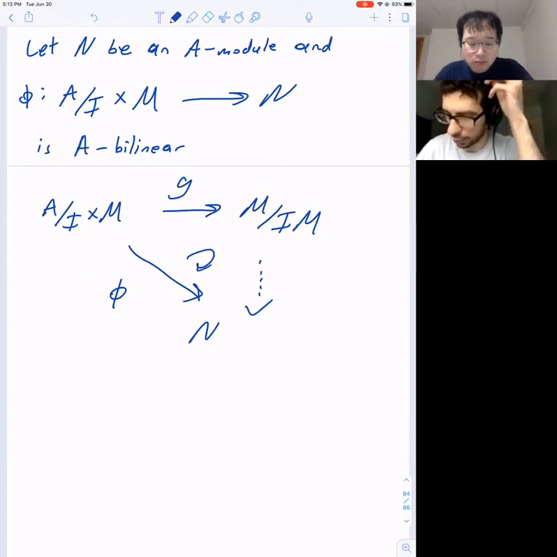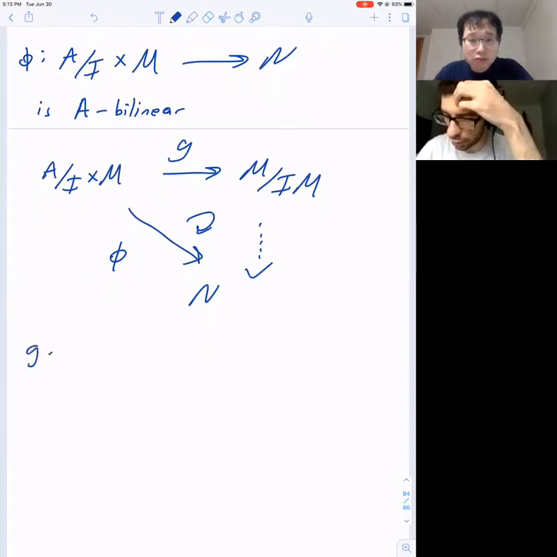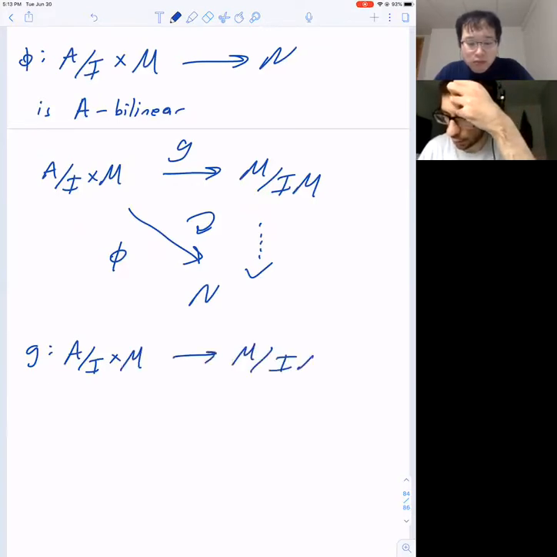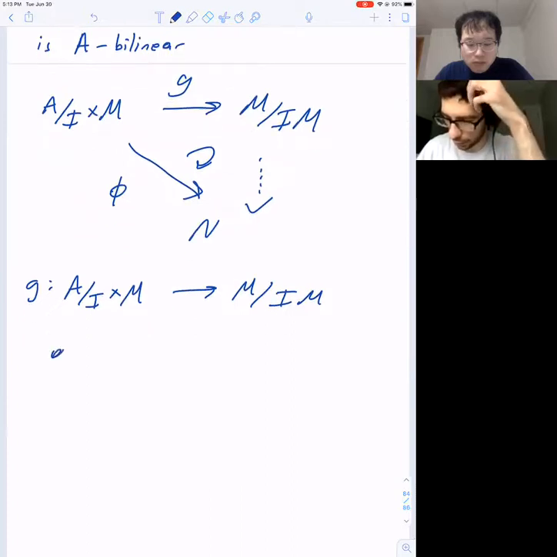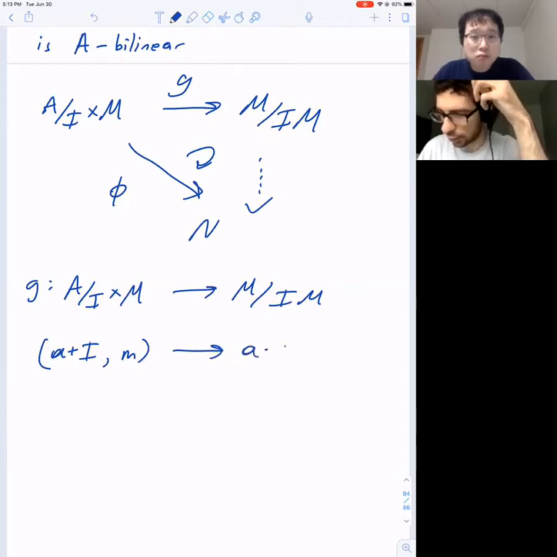This diagram commutes. I claim that G is the map taking this to M mod IM, and so A plus I comma M goes to A dot M plus IM.